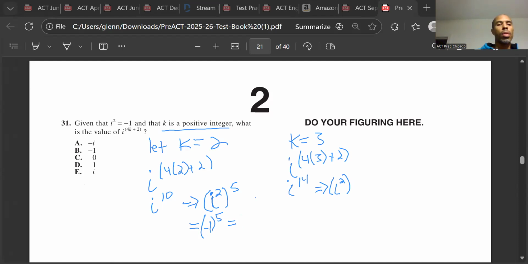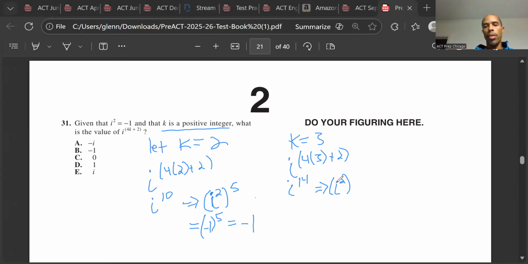And negative 1 to the 5th is negative 1, because any number to an odd power keeps itself. If you take a negative to an even power, it's going to be positive. If you take a negative to an odd power, it's going to be negative. So i squared was negative 1, and negative 1 to the 5th would be negative 1.